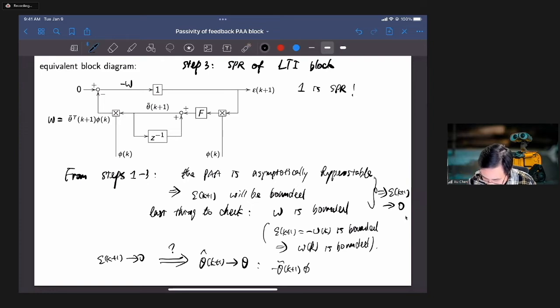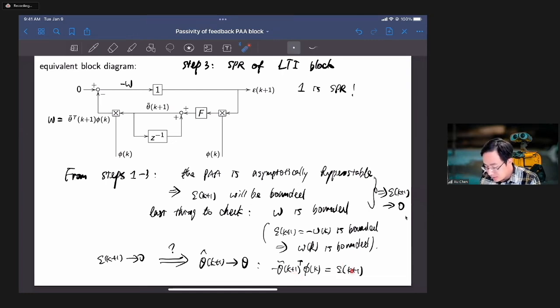From the analysis, what we only know so far is, we can see it also here, epsilon k plus 1 equal to negative theta tilde transpose k plus 1 times phi k. So epsilon going to 0 does not mean theta tilde will go to 0. Because this is a product between two vectors.